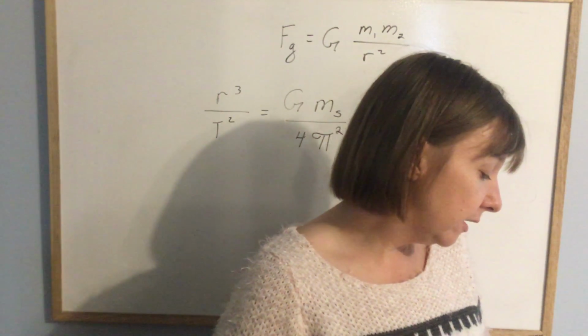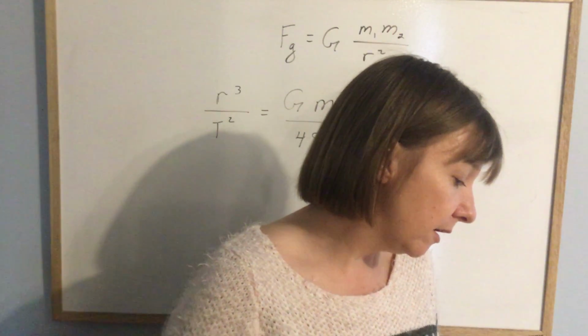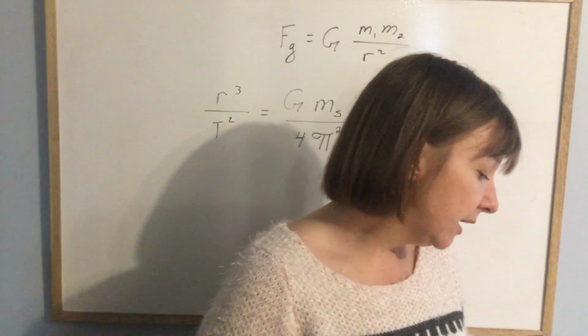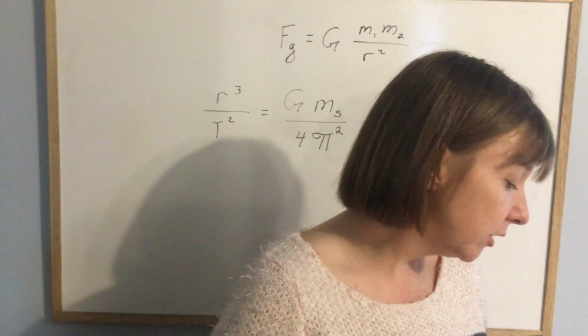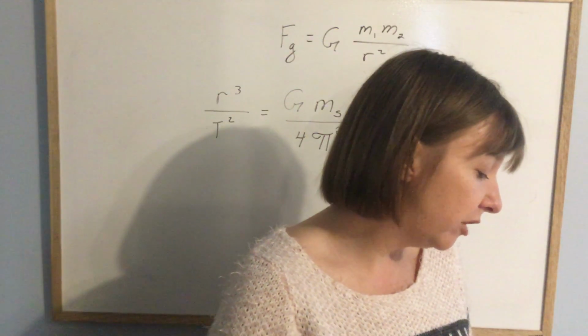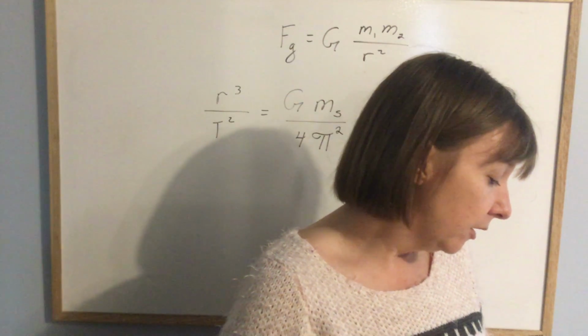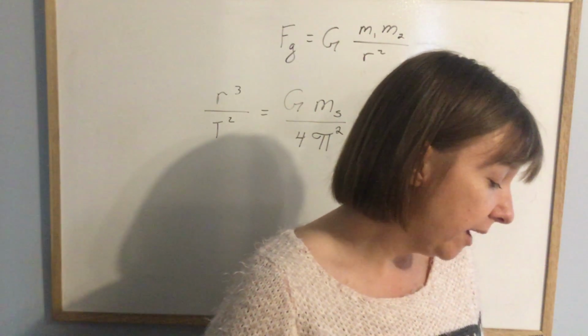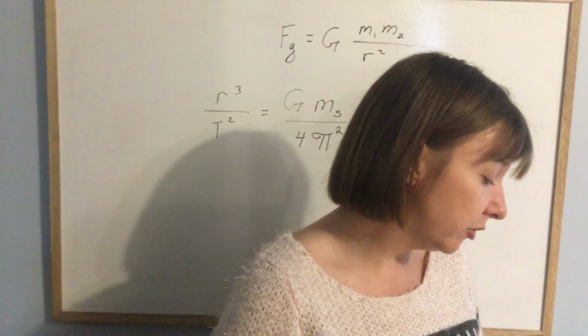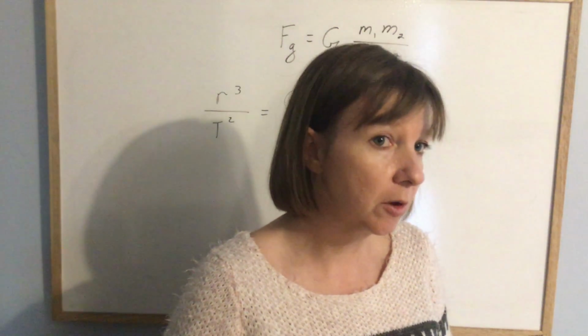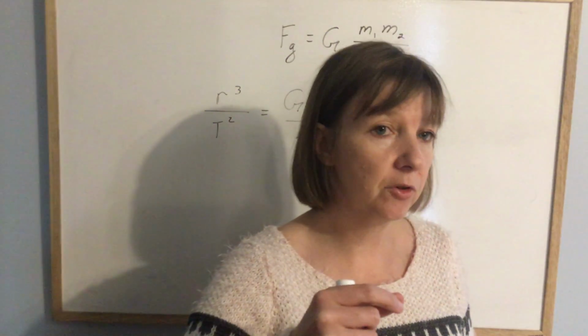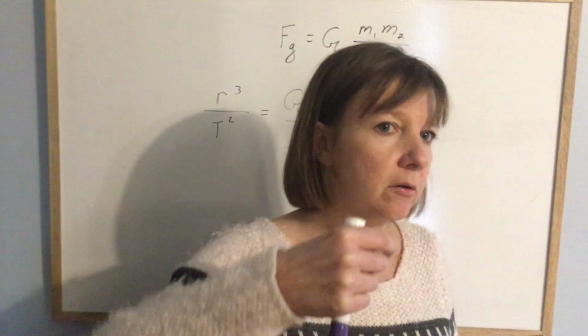So Cavendish designed what's called a torsion balance, and again there's a picture of it, and it allowed him to measure G. A torsion balance can measure extremely small amounts of rotation of a wire. So first, the torsion balance has to be calibrated to determine the amount of force that causes the wire to twist by a specific amount. So how much force do I have to apply to twist this wire this much?